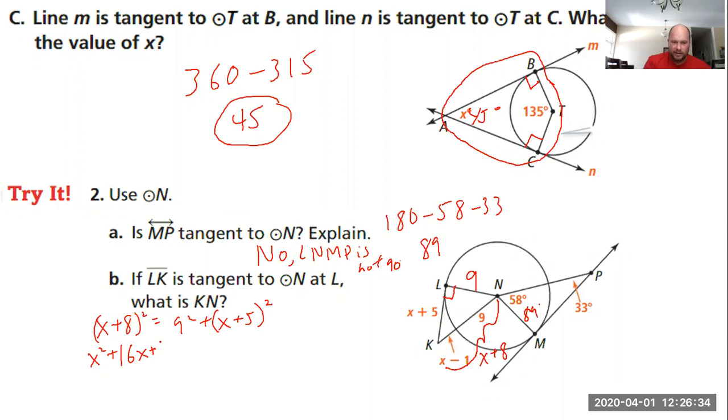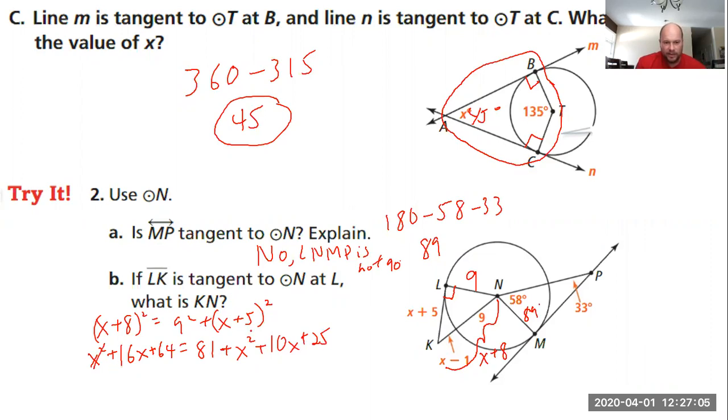So 8 squared is 64. Then on this side, 9 squared is 81. This piece, again, we're squaring it. So using that same rule again, X squared, the first term squared. These two multiplied together times 2. So 5 times X times 2 is 10X. 5 squared is 25.